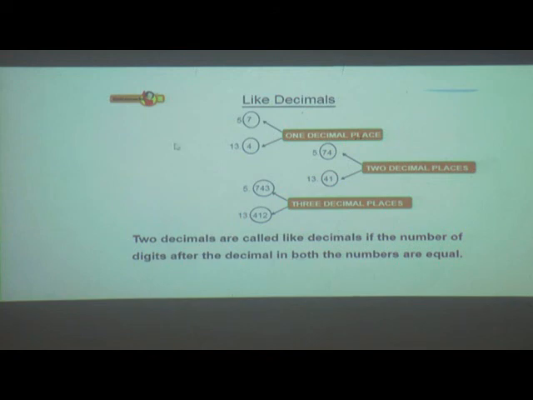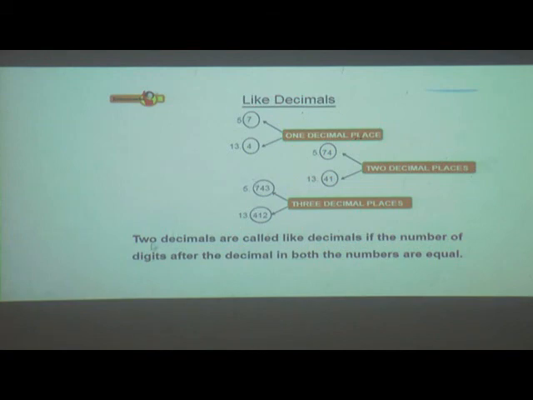So we saw three different examples: one decimal place, two decimal places, and three decimal places, meaning after the decimal there are three digits here and also three digits in the other number. Then all are like decimals.